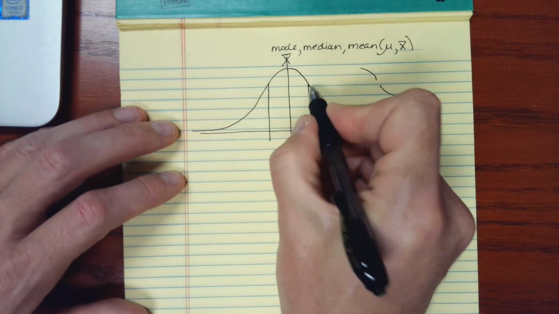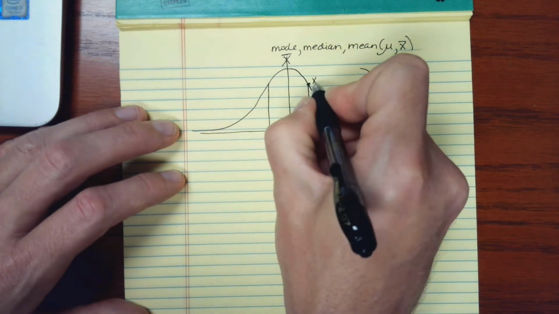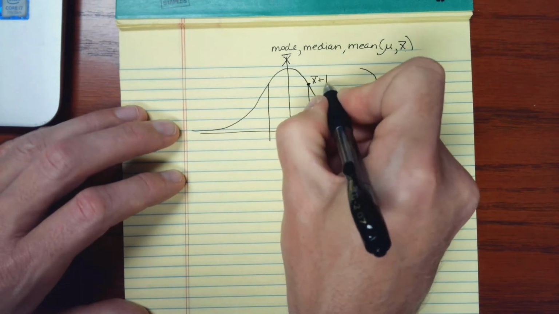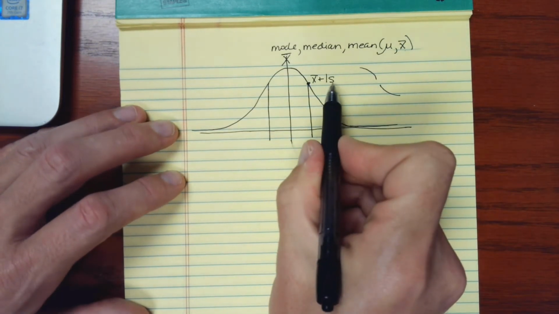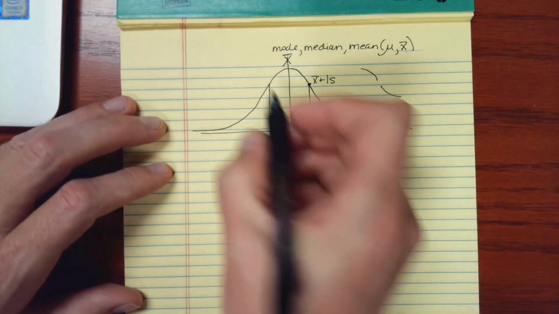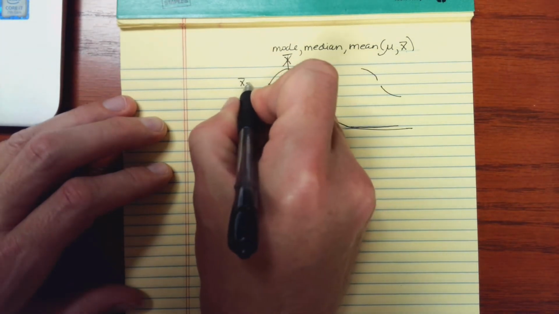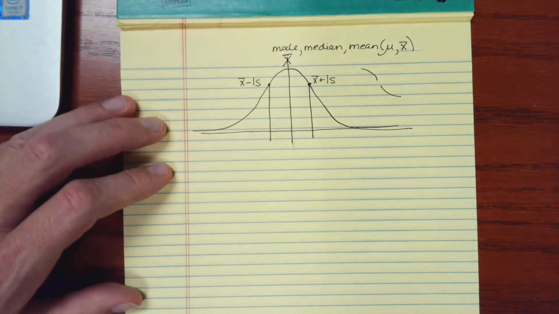This is 1 standard deviation above that, so I'll say that this is the point x bar plus 1 standard deviation. I'm using a lowercase s because this is sample standard deviation, and this point would be x bar minus a standard deviation.